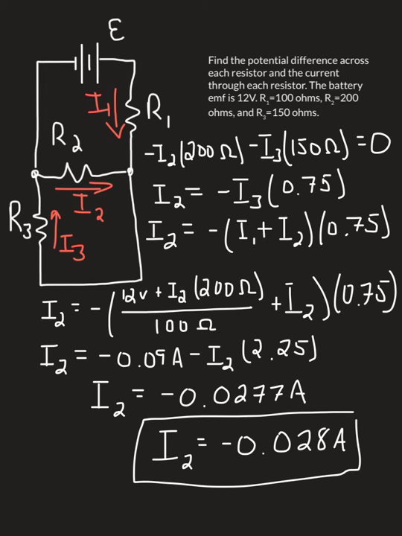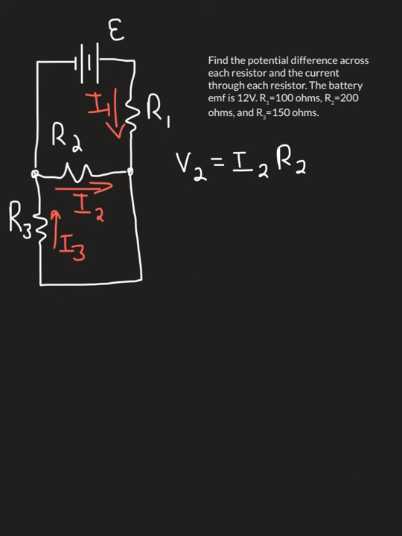Keep the 3 significant figure value of I2 for using in later calculations, but report your final answer for the current through resistor 2 to 2 significant figures, negative 0.028 amps. And then we will carry that on and use it to help us solve for the rest of the currents through the other 2 resistors as well as the voltages across each resistor.